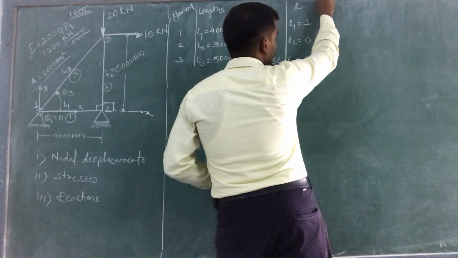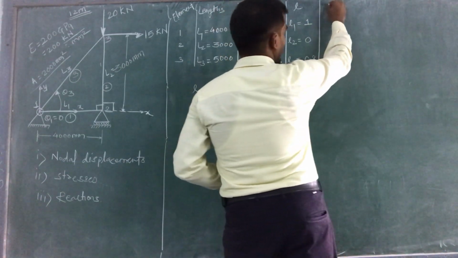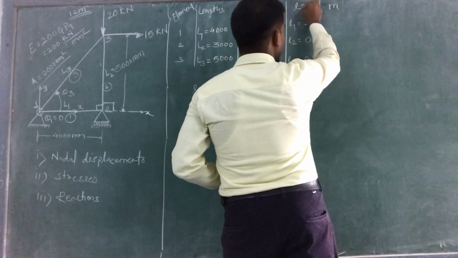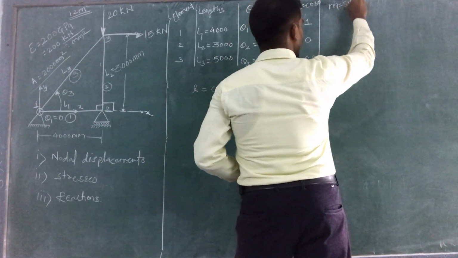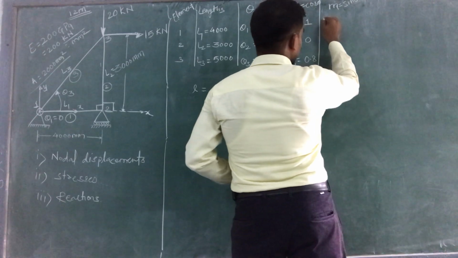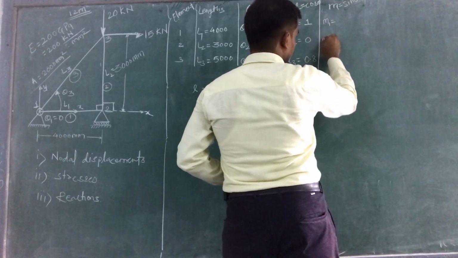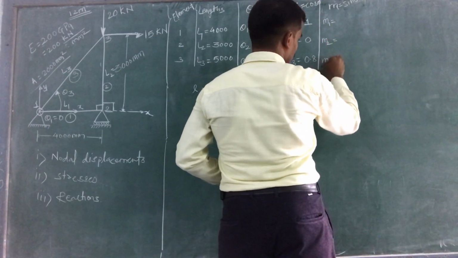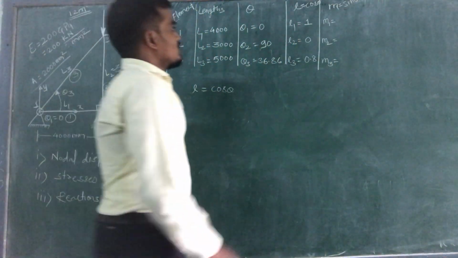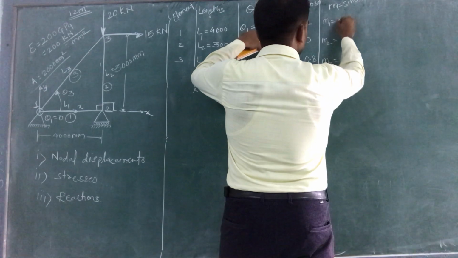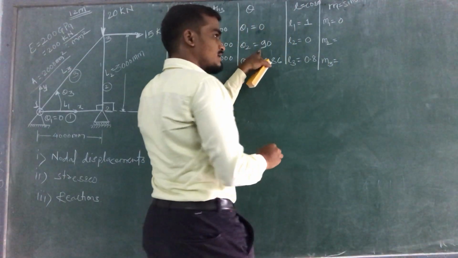Similarly, we need to find out next m. l is nothing but your cos theta. m is nothing but your sin theta. So m1, m2 and m3. So sin 0 is 0. Sin 90 is equal to 1.